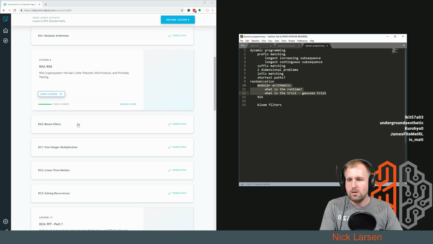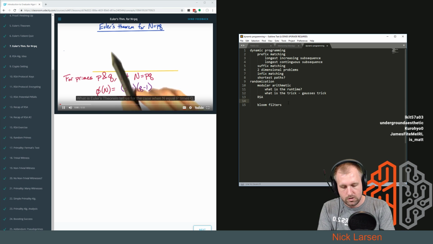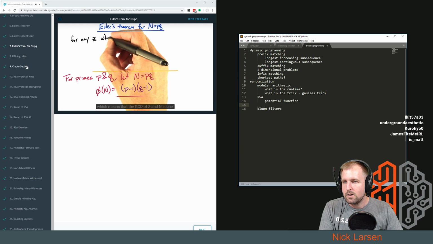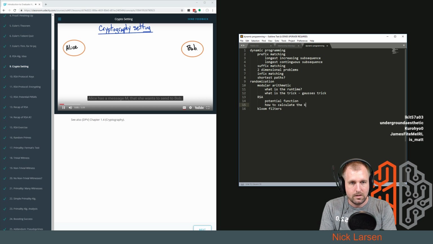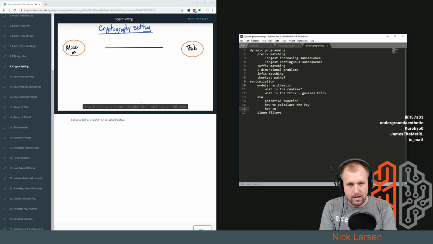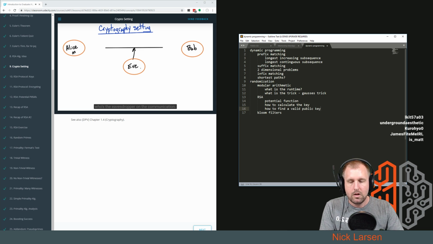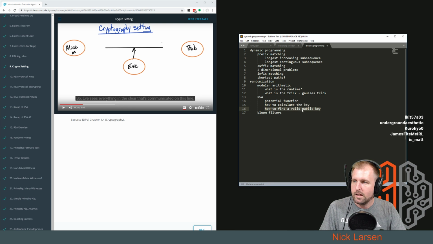The second thing that you want to do is get in there and say, okay, we need a potential function, and then we need how to calculate the key, how to find a valid public key, right? And you just break it down into parts, and slowly but surely each one of these things turns out not to be the end of the world, right?